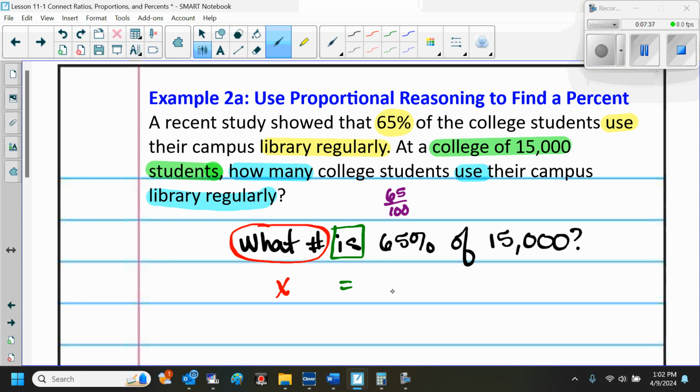So we're going to write 0.65 for my percent. Also, you could just change this percent to a decimal by moving the decimal point. And then what does of in math mean? Of in math means multiply. And what are we multiplying by?